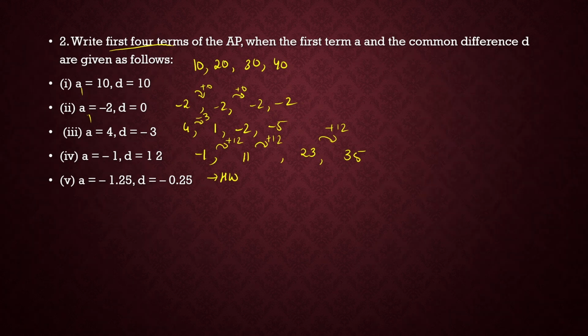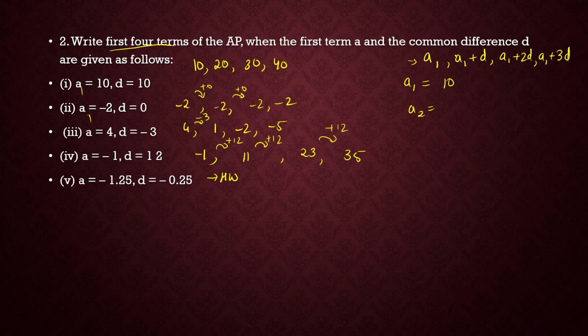Actually, when you're writing your exam, you cannot write so directly. So you will have to first write the representation of an AP, that is A1, A1 plus D, A1 plus 2D and A1 plus 3D. So this is your representation for the first 4 terms. So from this you will be writing A1 is equal to how much? 10.